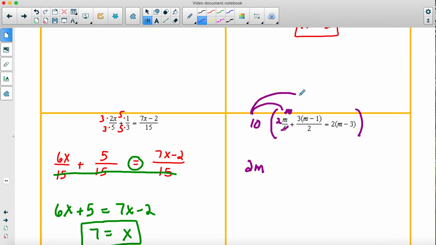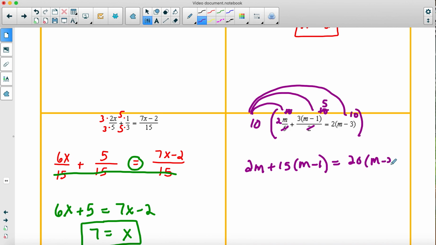Distribute the 10 to the next fraction. Here's my 10. 2 goes into 10 5 times. So now I have this 5 with this 3. So 5 times 3 is going to give me 15 to then multiply by m minus 1. And then I'm going to distribute the 10 over here. And I have 10 times 2. So this is going to equal 20 times m minus 3.